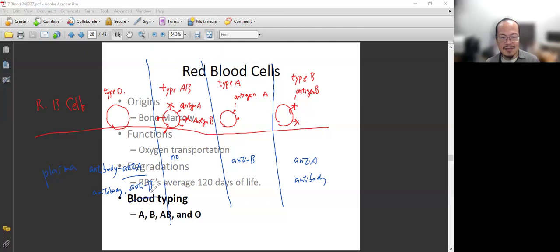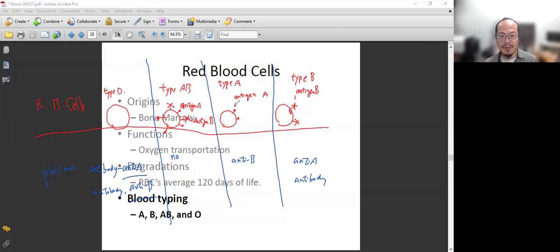So it's not combined. Each one is specific. So anti-A antibody will act on antigen A. Anti-B antibody will act on antigen B.